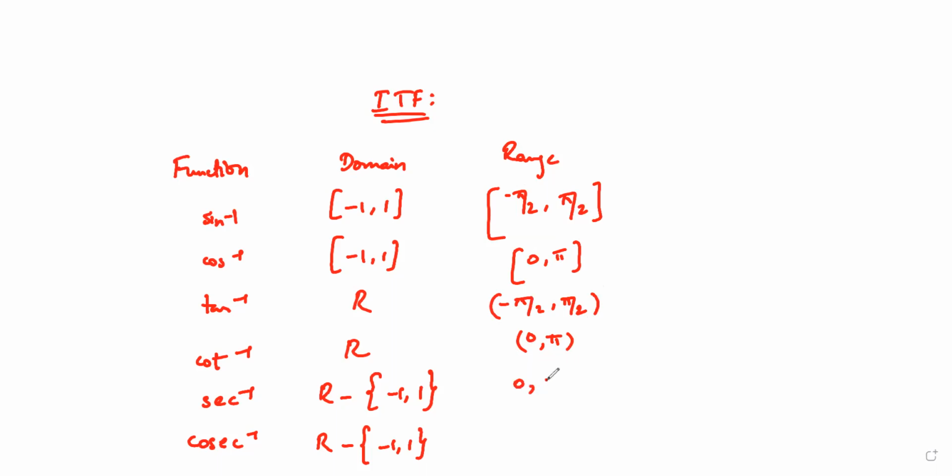For secant inverse, 0 to pi in closed interval, minus pi by 2. Minus pi by 2 to pi by 2, under closed interval, minus 0. So if we know these values, we will be able to solve the sums.